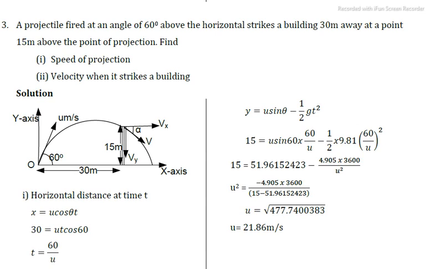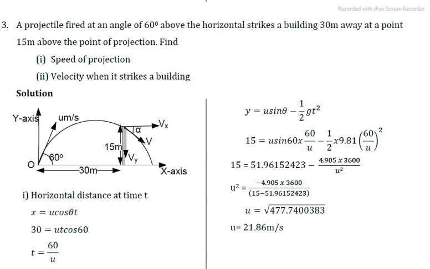But for horizontal distance, a is 0, so it gives us s equals ut, and the u is u cos theta times time. So from this we get t as 60 over u.